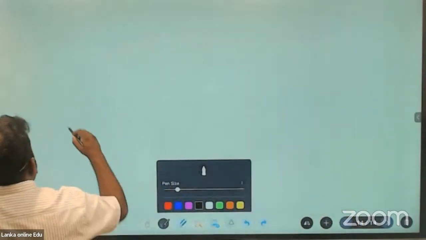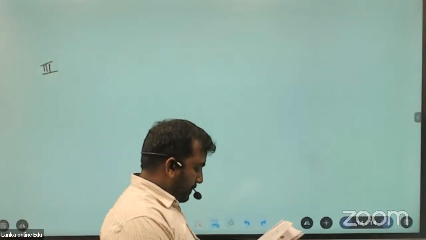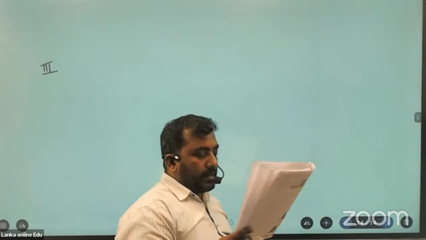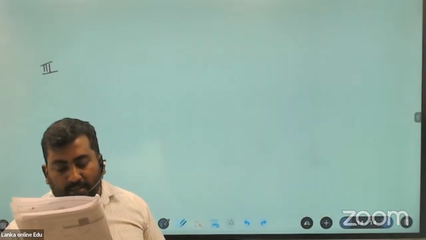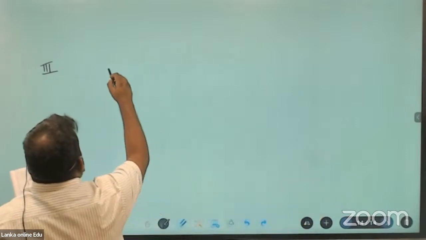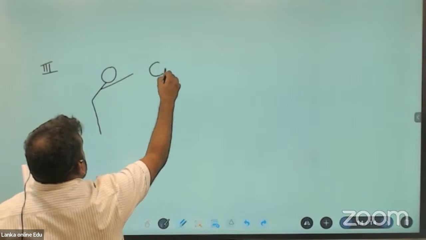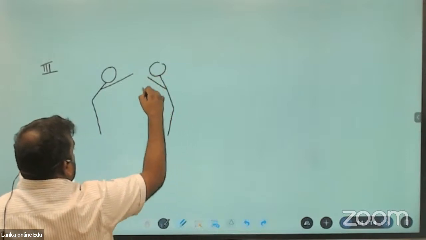Roman number 3. Now A and B at rest on ice push on each other as shown. Now on ice. Some of you have drawn the same diagram. Why are you drawing the same diagram? You're on Earth.